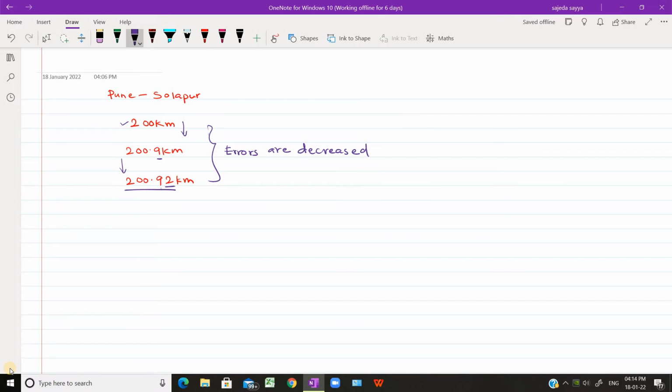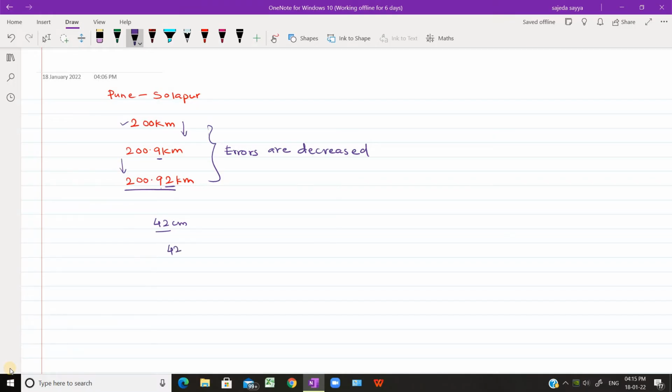Suppose I ask a tailor to make my shirt or kurta with a height of 42 centimeters. The tolerance in the measurement of the height of the kurta is, let us say, plus minus 0.5.